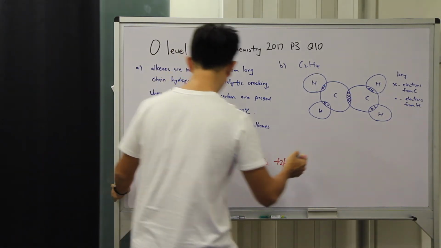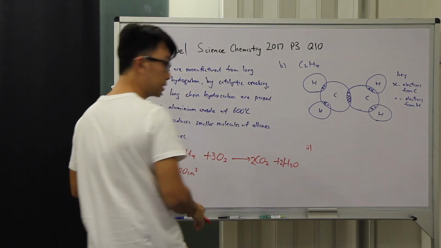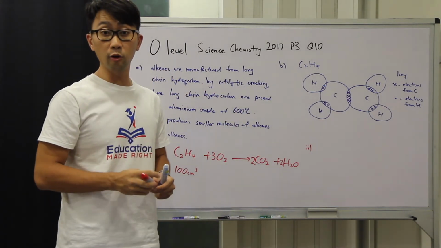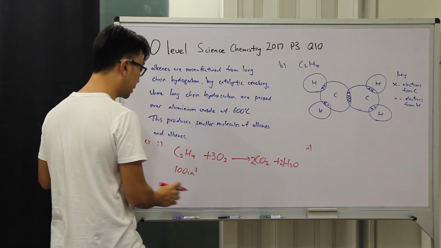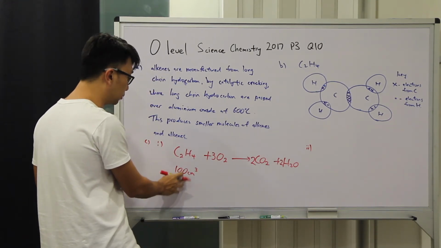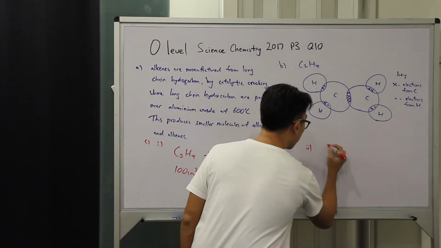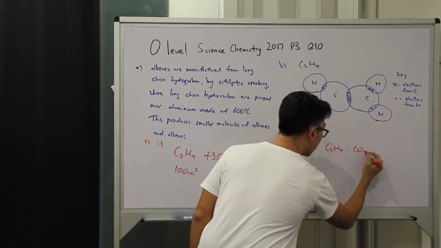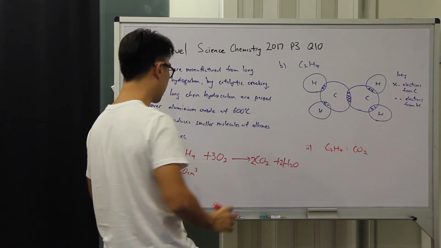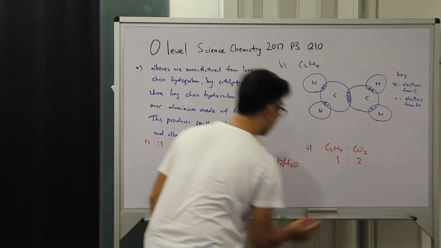Okay, first of all, let us look at the volume of gas formed. So volume of gas formed, that will be the carbon dioxide. So we can do a mole ratio of ethene and carbon dioxide. So that is C2H4 is to carbon dioxide. This is a 1:2. So we have 1:2.